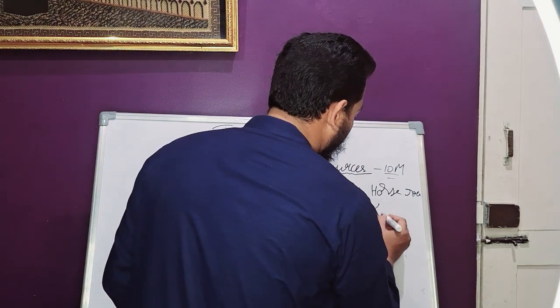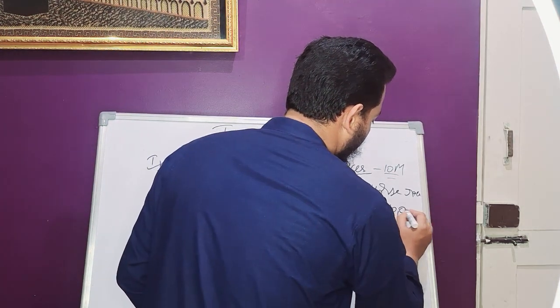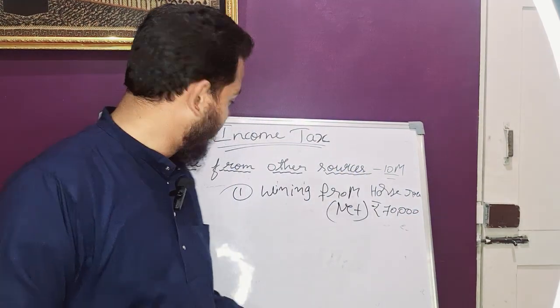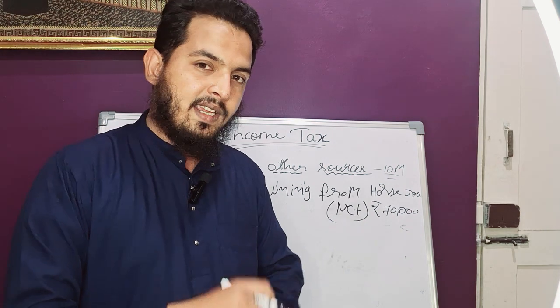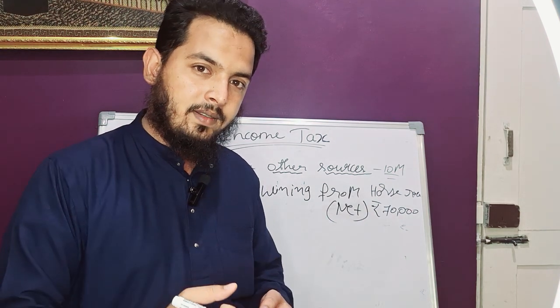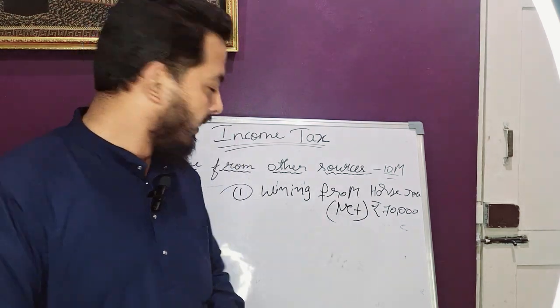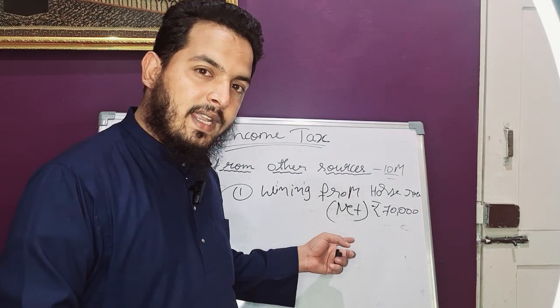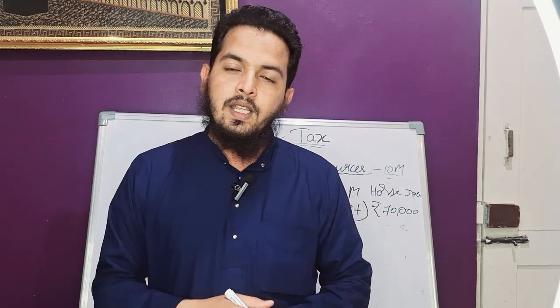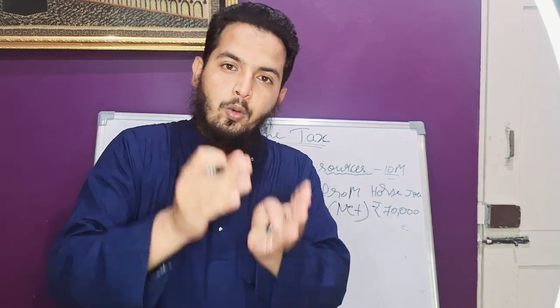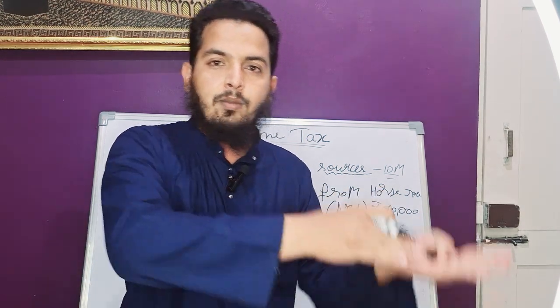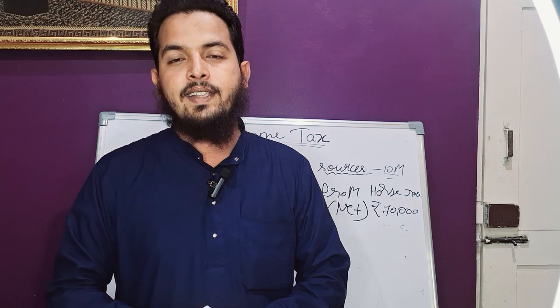For example, they have given 70,000 rupees. Winning from horse race, net 70,000 rupees. If they have given net, you have to convert this net amount to gross amount. The process of converting net amount to gross amount is known as gross up.